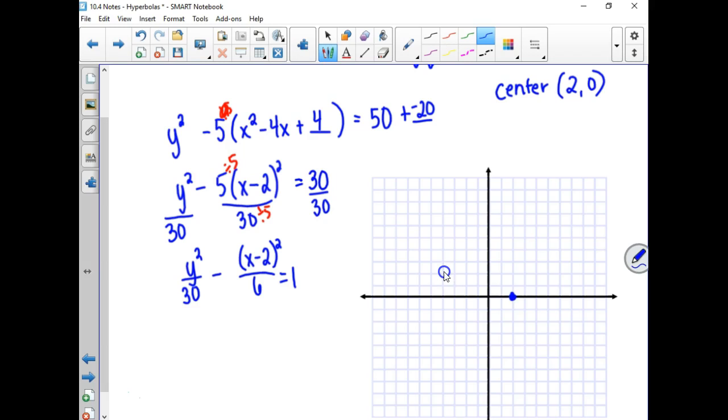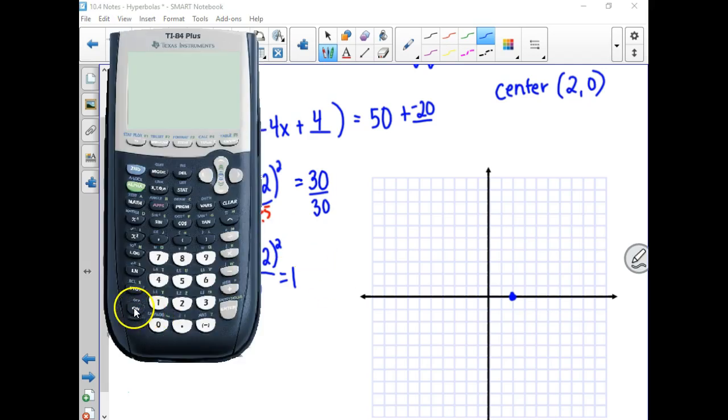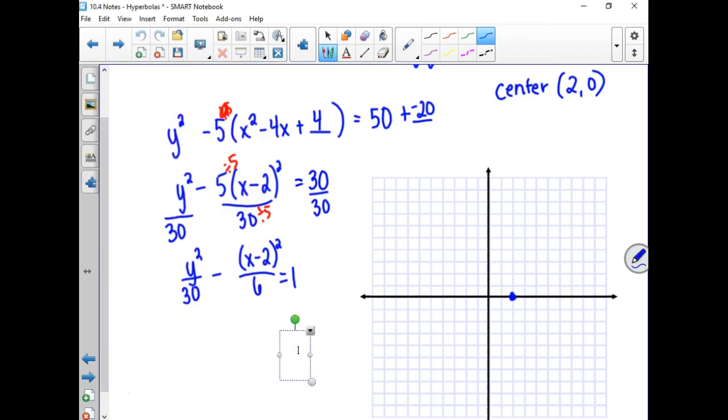This one opens up or down, so we would look underneath the y. We take the square root of 30, which is, we're going to have to estimate here, 5.47, so about 5.5. So we would go up about 5.5 and down about 5.5.